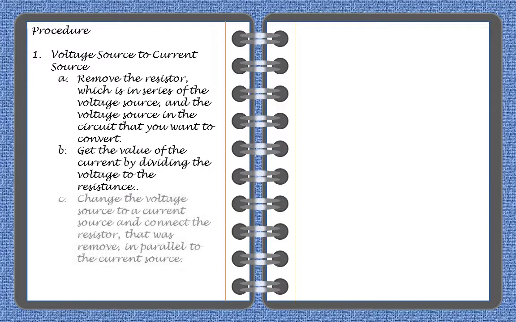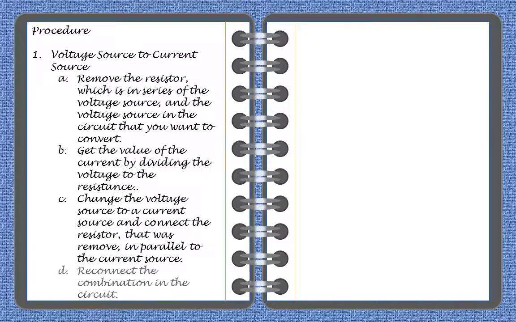After that, we change the voltage source to a current source and connect the resistor we removed in parallel to the current source. After connecting it in parallel, we connect the components to the original circuit.